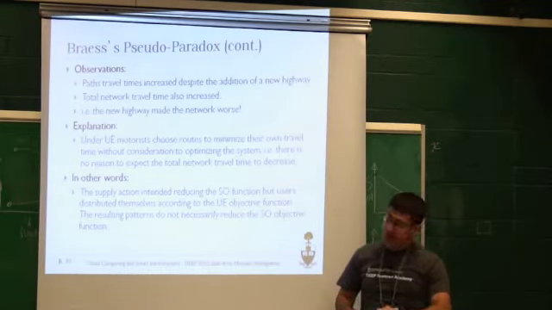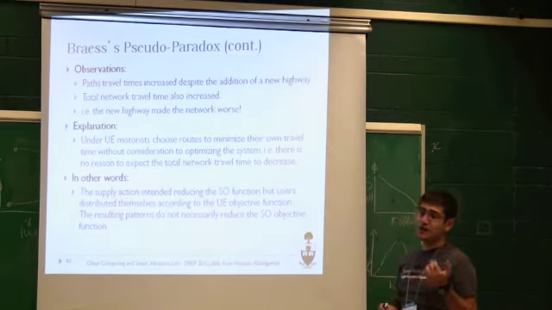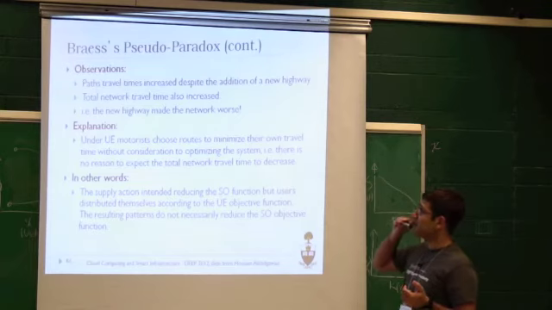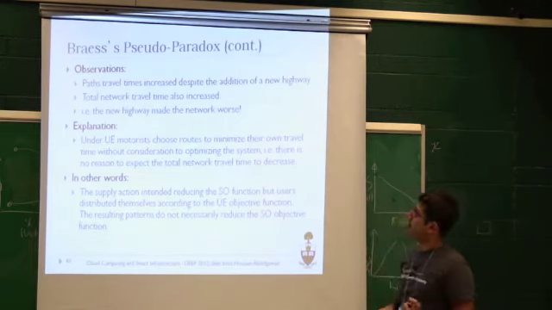Okay, so finally, observations here. The path travel times increased despite the addition of the new highway. Total travel time also increased, i.e. the new highway made the network worse.